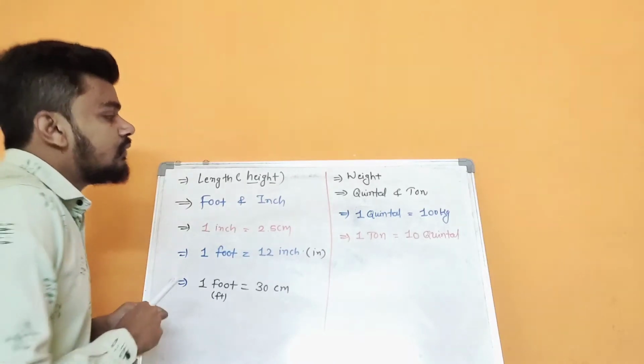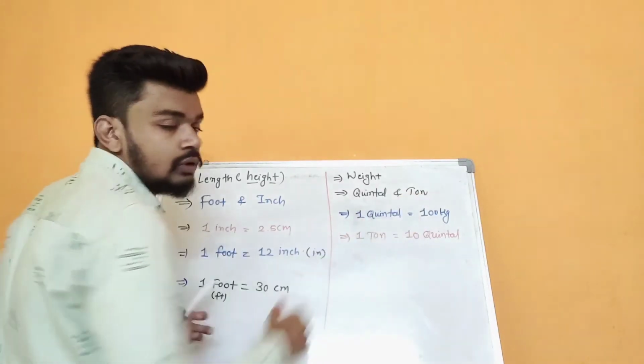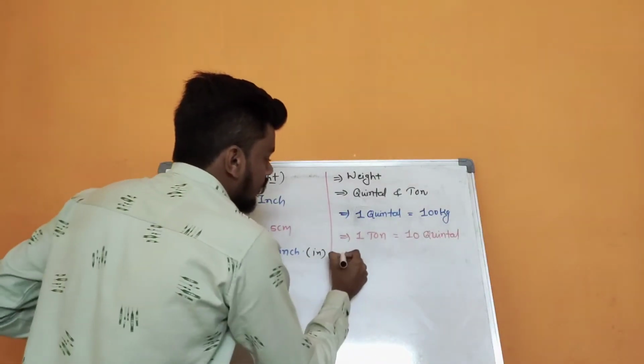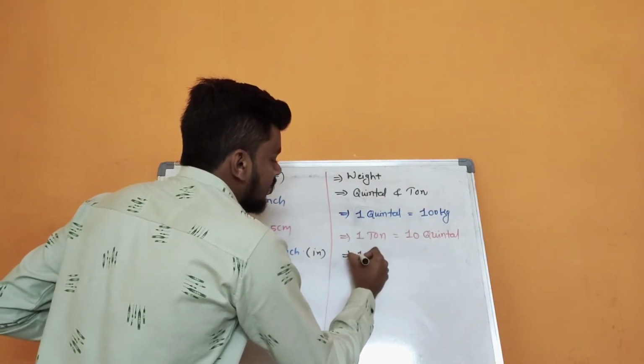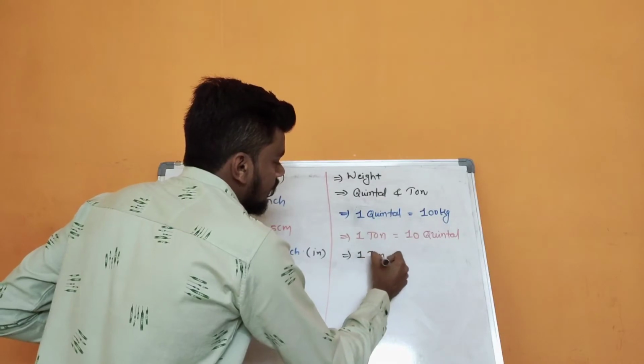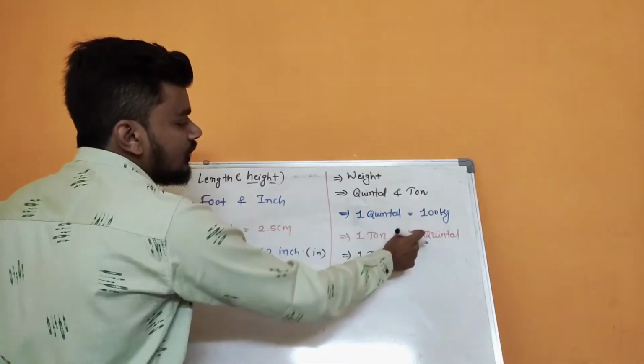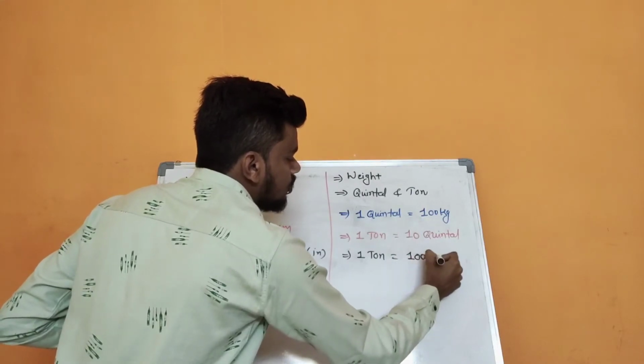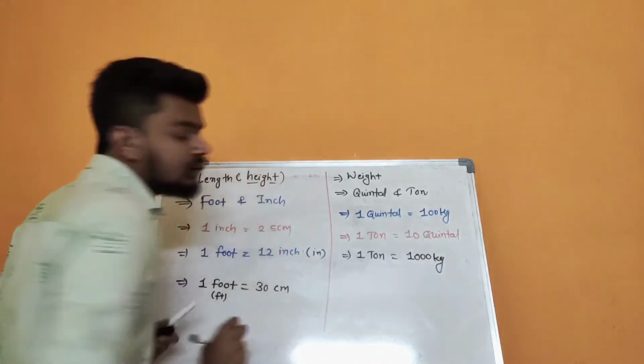So if we want to write 1 ton in terms of kg, what is the unit for that? Obviously, if we multiply, a 0 is added, so 1 ton is equal to 1000 kg.